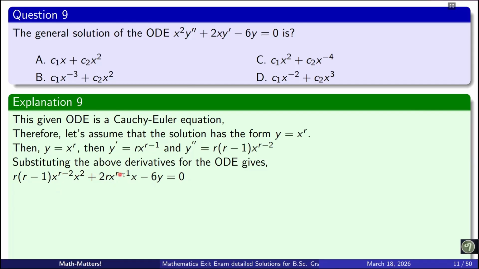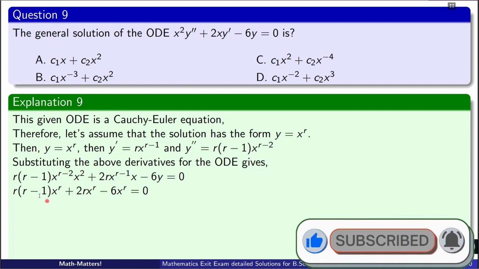Here also r minus 1 plus the exponent of x, that is 1, is r. And in the place of y, x to the power of r must be substituted, so that in each term we have the factor x to the power of r.